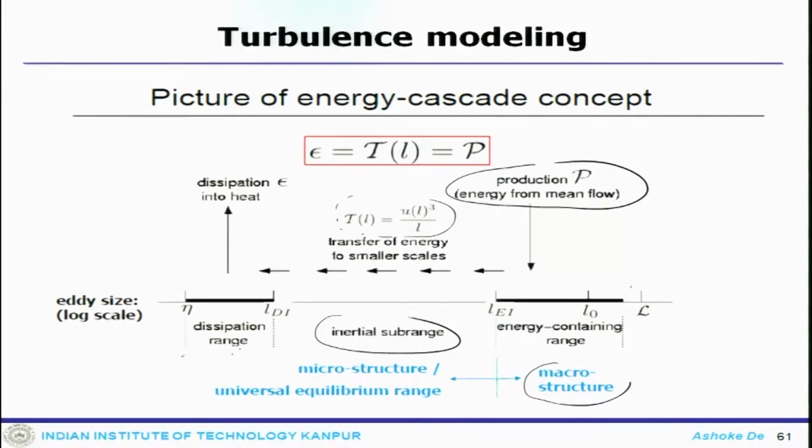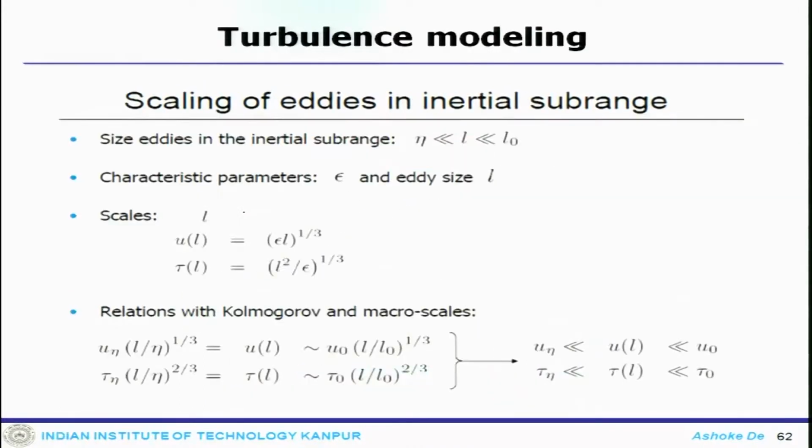Between dissipation and inertial there is a demarcation line, and between inertial and energy containing there is another demarcation line. These are the microstructure, or universal equilibrium structure, and this goes through the dissipation. On one hand there is production, then energy transfer takes place to the smaller scales, and then it is dissipated. That is how the energy transfer process takes place from large scale to small scale.